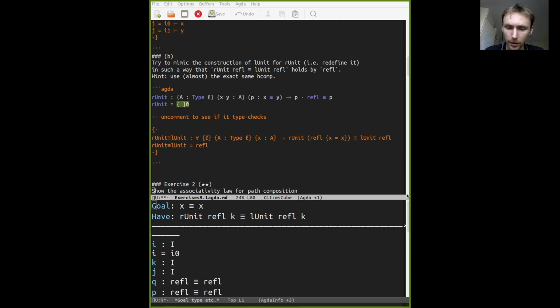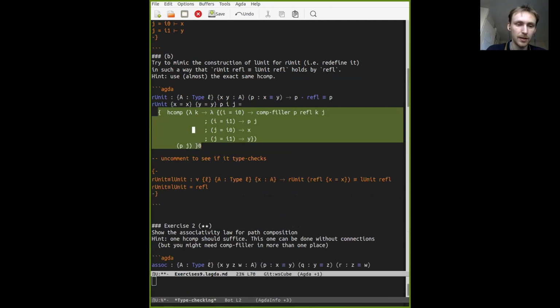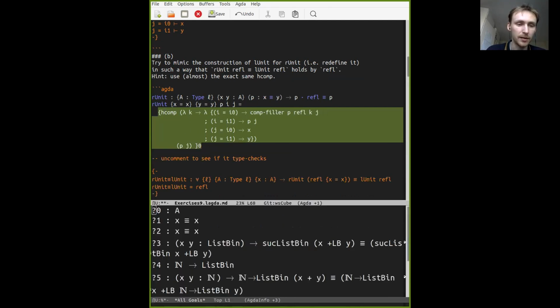Oh, no. Wait, confusing myself. Sorry. Ignore what I'm saying. I'm just going to paste it in here. So this was exercise 1B, I think. It was to redefine the right unit law essentially in such a way that this would work. So this is a very complicated definition of the right unit law.